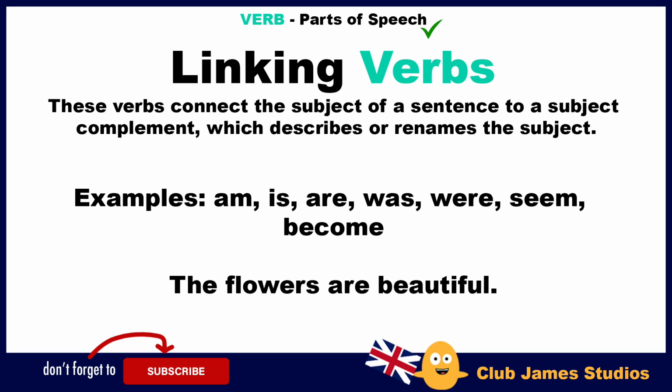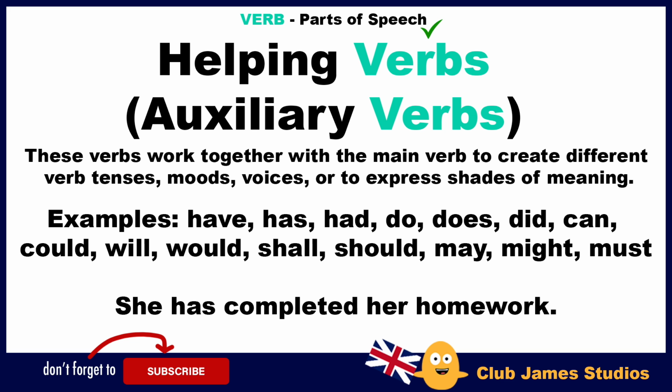Linking verbs. These verbs connect the subject of a sentence to a subject complement, which describes or renames the subject. Examples: am, is, are, was, were, seem, become. The flowers are beautiful. Helping verbs, or auxiliary verbs.